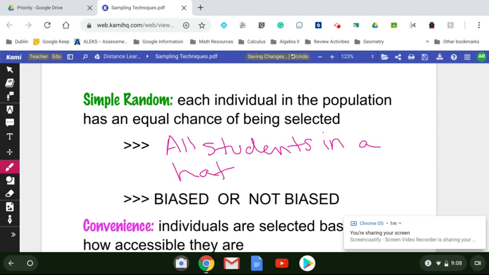Because every student has the same chance of being selected for a survey, even though you're only choosing 100 students, everyone has equal opportunity. So this would be considered a non-biased sample. The opinions of the 100 selected would reflect the population's opinions as a whole, because with the simple random sample, everyone has equal chance of being selected.